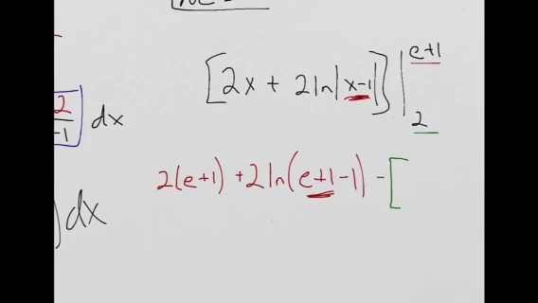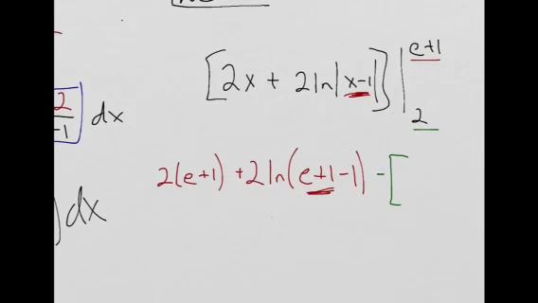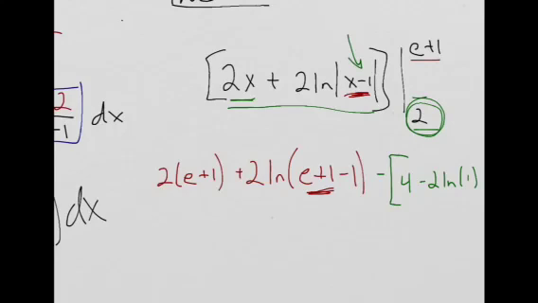Minus, when I evaluate it at 2, I get a 4, right? And then I get minus 2 ln of, what do I get? Ln of 1 when I plug that in, because I take 2, plug it in here, so I get 2 minus 1, which is 1. You may be able to do a lot of this readjusting in your head.